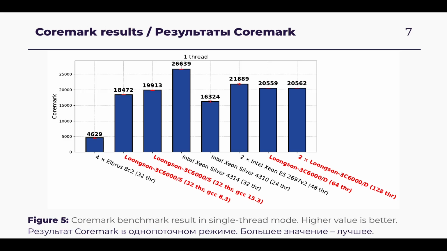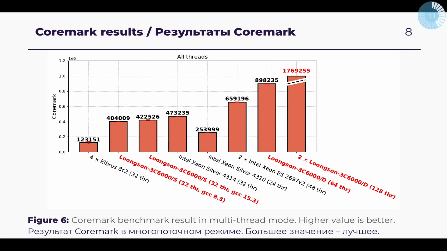This is the result of the CoreMark benchmark, and there you see the same thread, single thread results. And next slide. The multi-threaded result. The last column I showed only as a maximum number, to show the difference between other processors better.